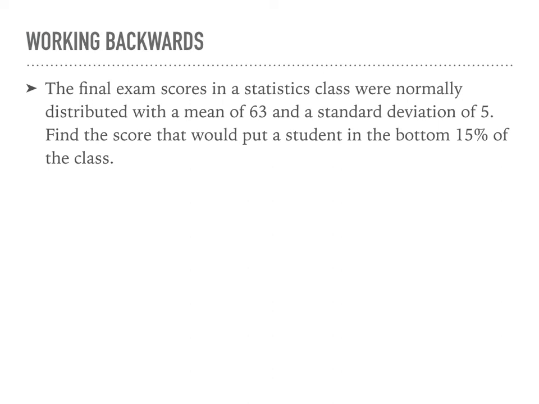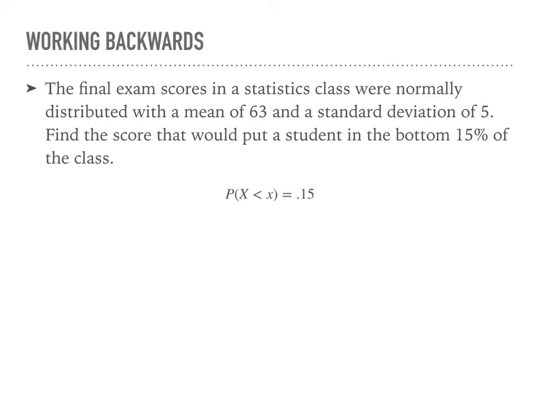Now we are able to work backwards. So the final exam scores in a statistics class were normally distributed with a mean of 63 and a standard deviation of 5. We'll find the score that would put a student in the bottom 15% of the class.